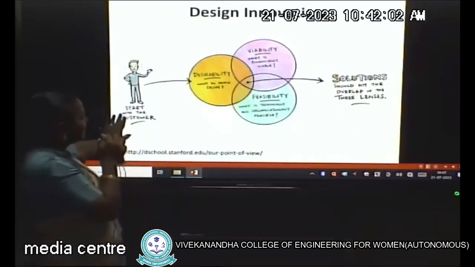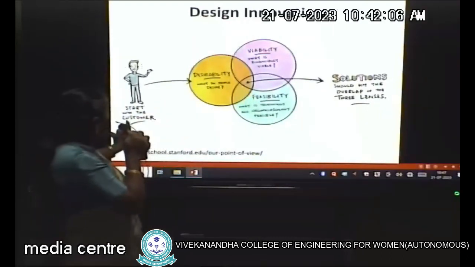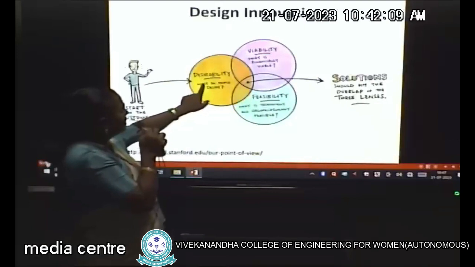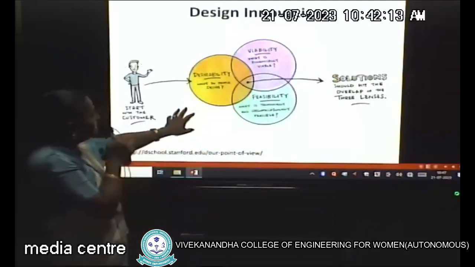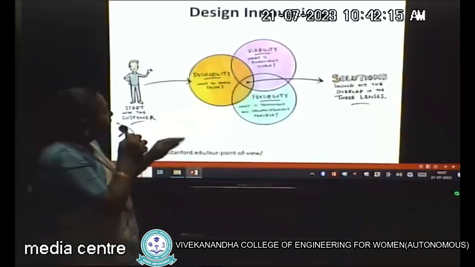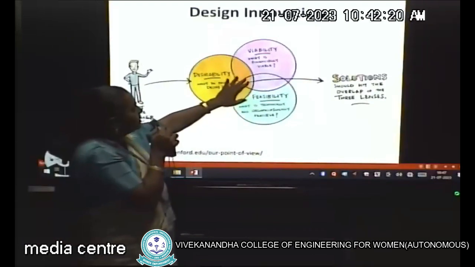Then while finding the solutions, we focus on desirability, viability, and feasibility. Desirability is what people desire. Viability means whether it is financially viable or not, which we are going to check.